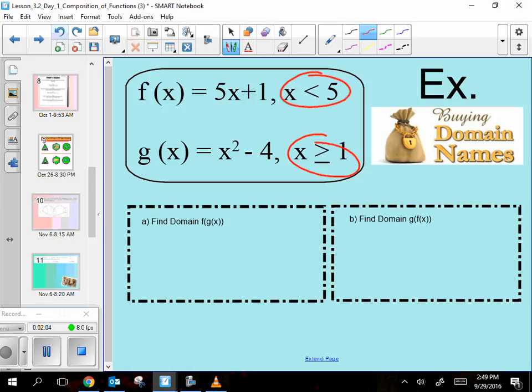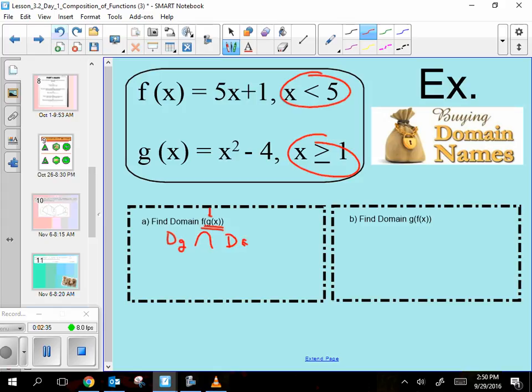So how do I find a domain of something where there's a function inside another function? Well, you need a formula, and here's the formula. You would need to do the domain of the inside function. In this case, the inside one is g. It doesn't always have to be g. That could be f of p of x, for instance, and then the inside function would be p. But this time, the inside function is g, and so we're going domain of g intersected with, I wish it was as simple as domain of f.